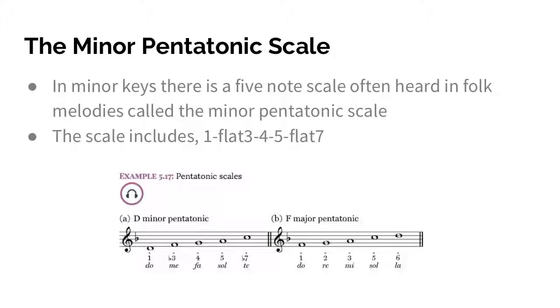So it has do, me, fa, sol, te. So complete the triad number 8, and write out all the pentatonic scales for the minor keys. It actually is going to show you major and minor, so you get practice writing both.